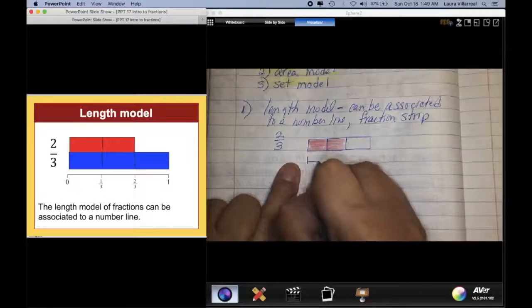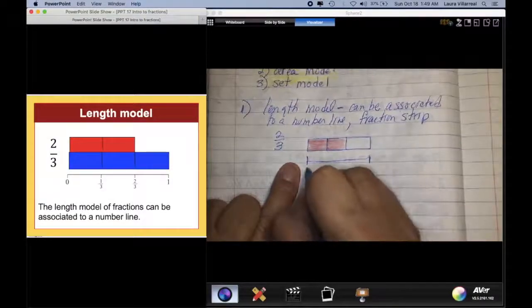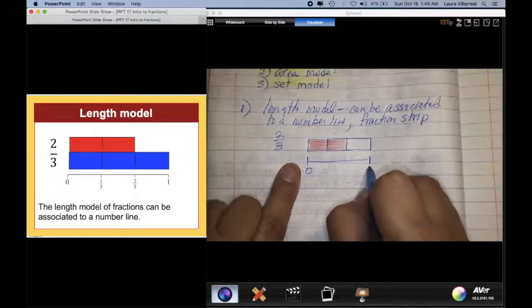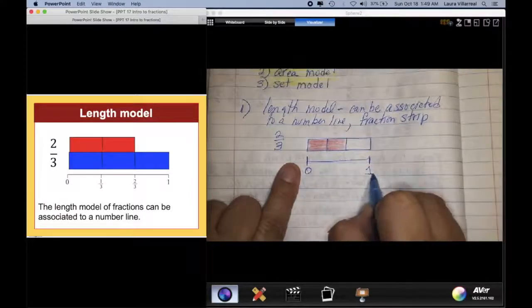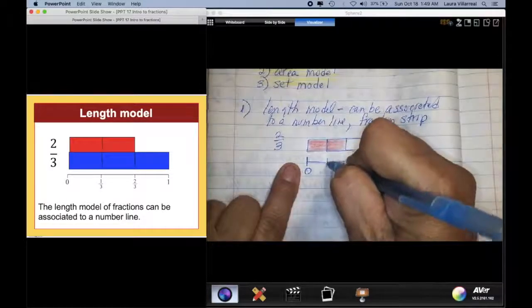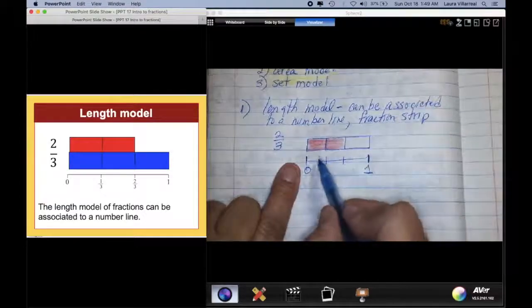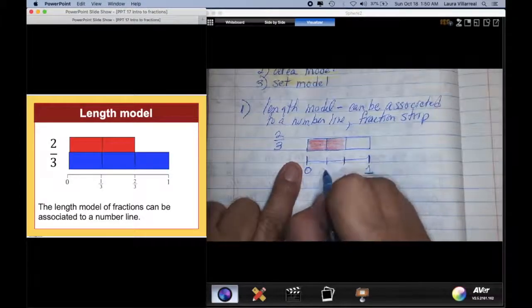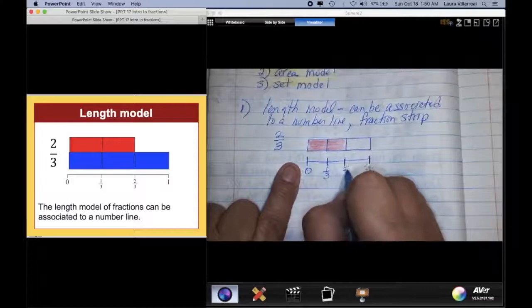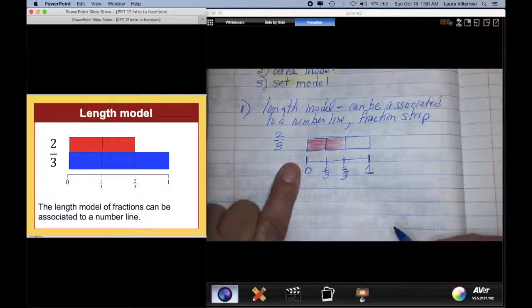So here I have from 0 to 1. I divide it into thirds. So this would be 1/3, 2/3.